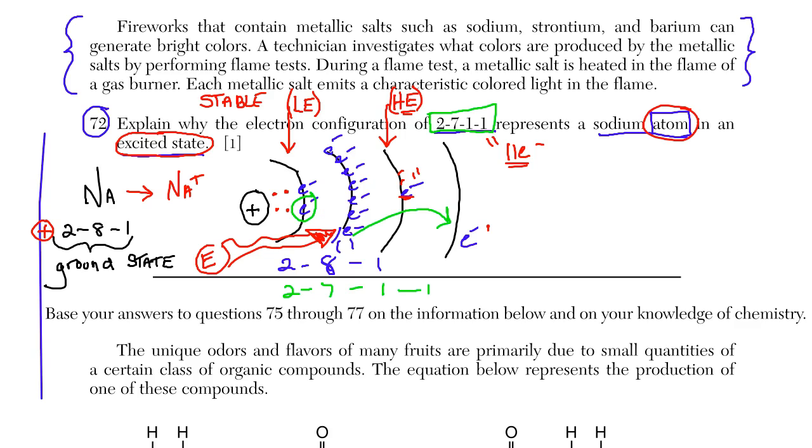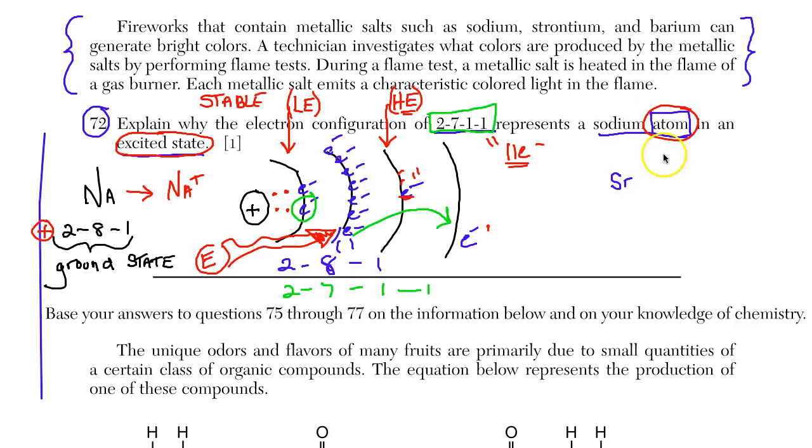Okay, so number 73, and I know I have whited it out to do the question, but I want this diagram here. So 73 states, and it's right here underneath, explain in terms of electrons how a strontium salt emits colored light. So again, number 73 says, explain how the strontium salt emits colored light.